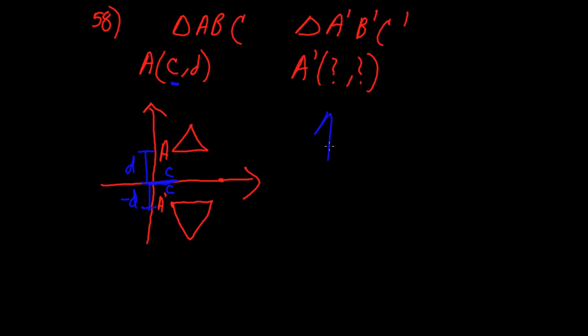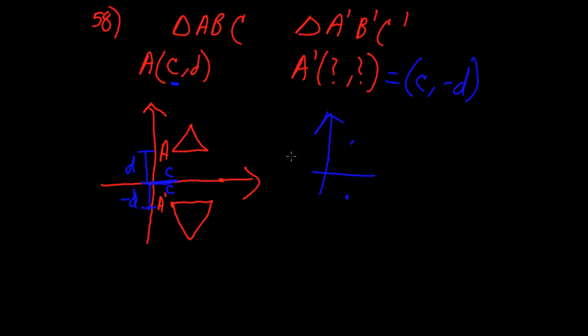We just had this point on the coordinate plane up here, and now we put it down here. The only thing that changed is its y coordinate went from positive to negative. So we can say the A prime has points C, negative D, which is choice A.